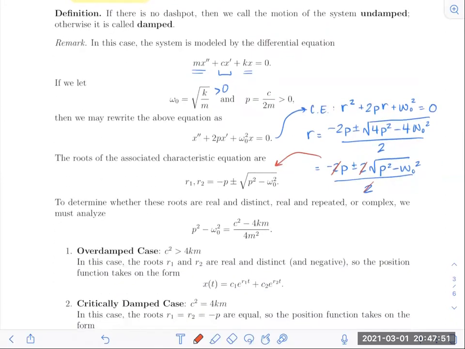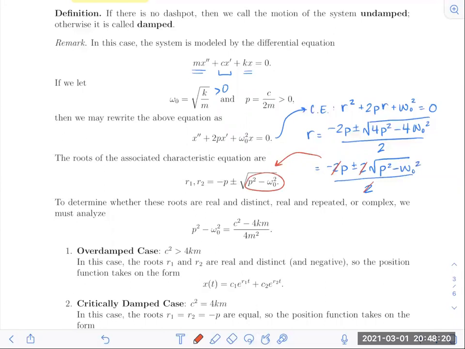I kind of zero in here and say, look, we can identify the types of roots we're working with as long as we understand what's happening under the square root. If that's equal to 0, then our root is repeated, namely it's negative p. If p squared is greater than omega naught squared, then we're talking about real distinct roots. And if p squared is less than omega naught squared, then we're talking about complex roots.